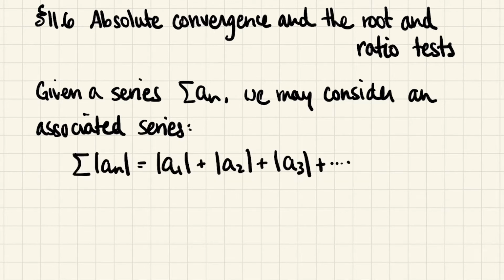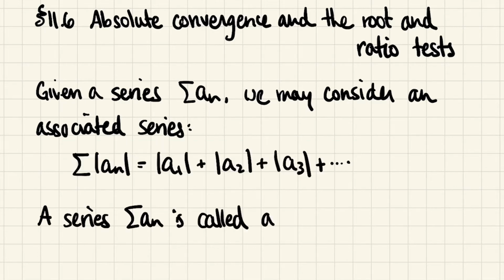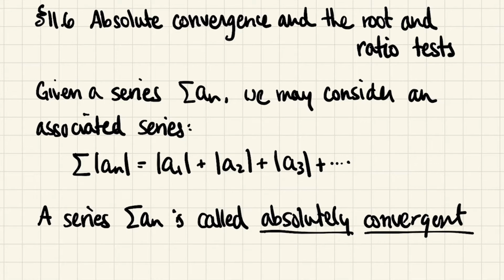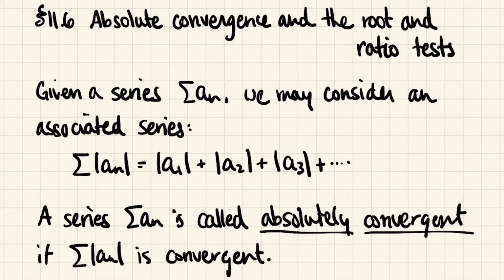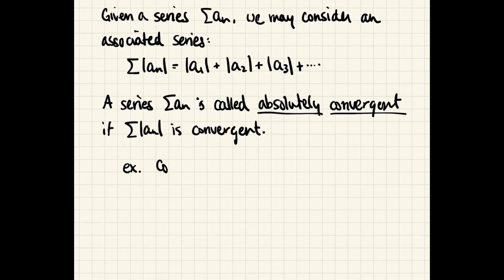So, okay, well, this series a_n we would say is absolutely convergent if this series here is convergent. So let's quickly look at an example. Let's consider this series here.